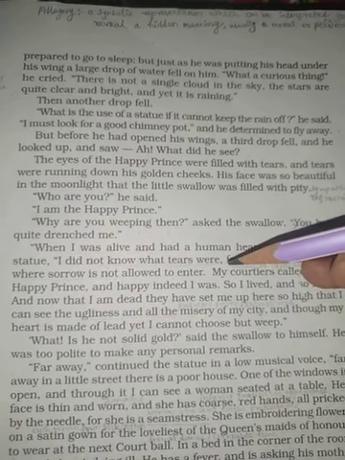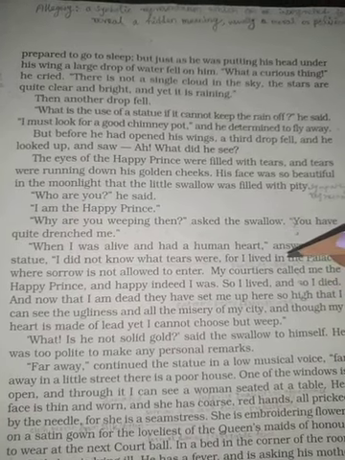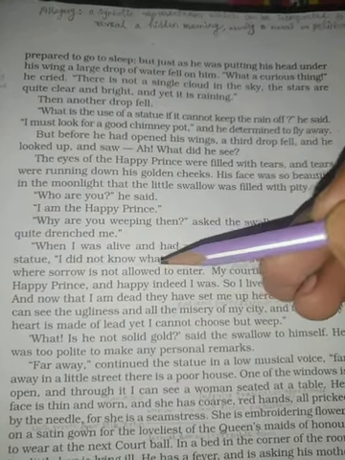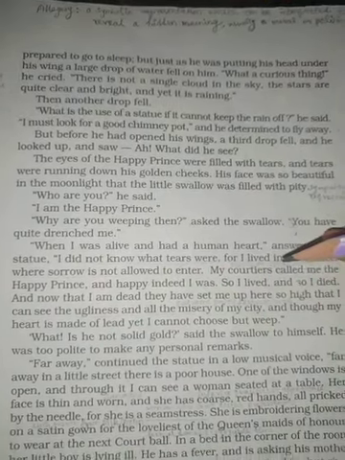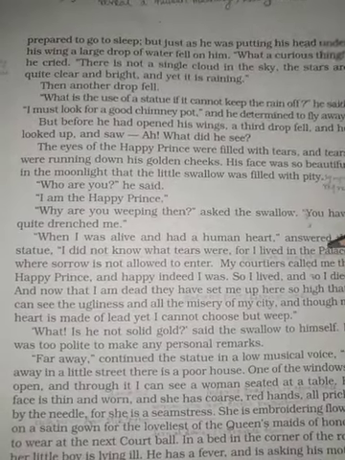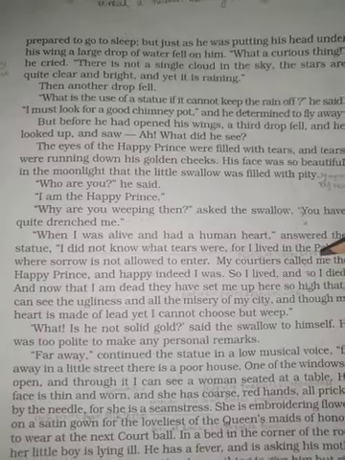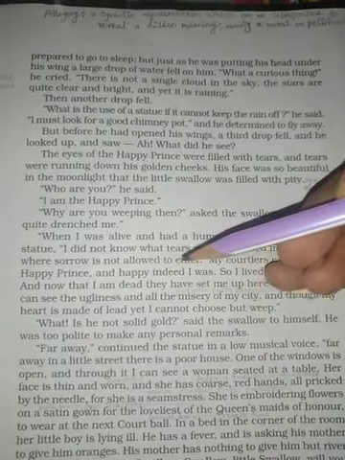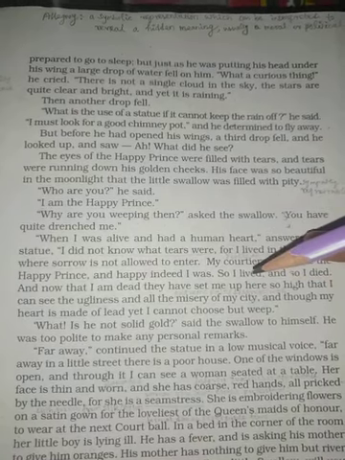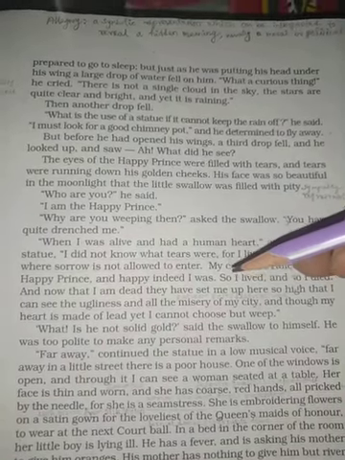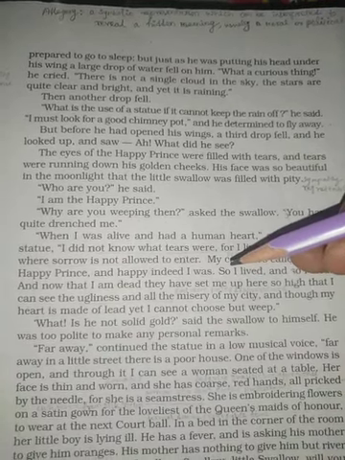I did not know what sorrow was, for I lived in the palace where sorrow is not allowed to enter. My courtiers, meaning people at the royal court, called me the Happy Prince, and happy indeed I was. He was indeed happy.